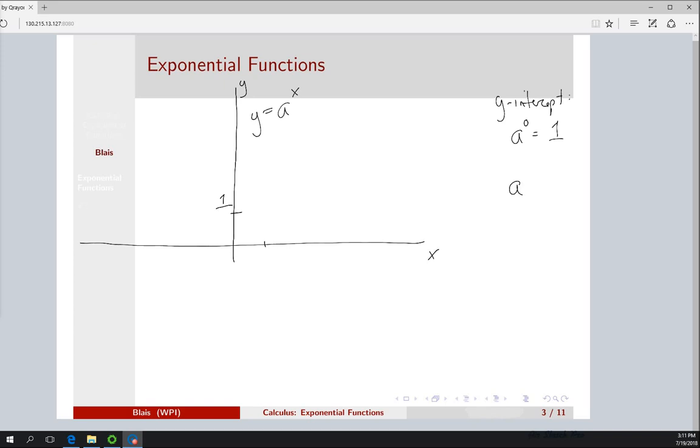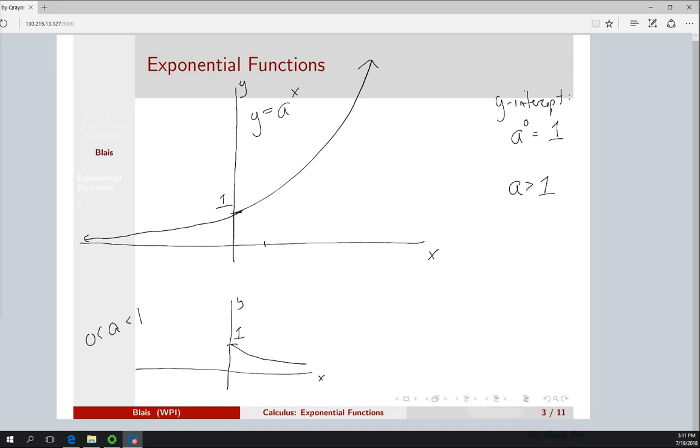As long as a is bigger than 1, we have something growing like this, and then it asymptotically approaches the x-axis as x goes to negative infinity. This is what a general exponential function will look like. If a is between 0 and 1, we reverse the picture. We still have that y-intercept of 1, but now we're going this way.